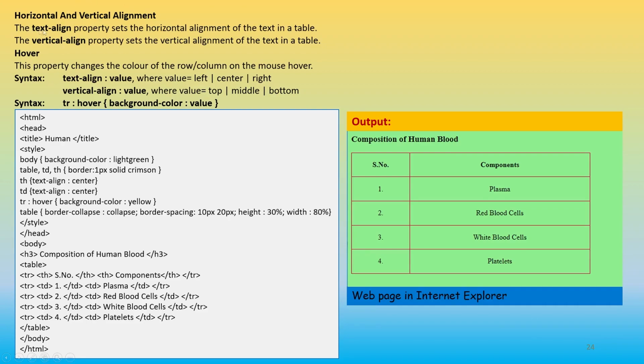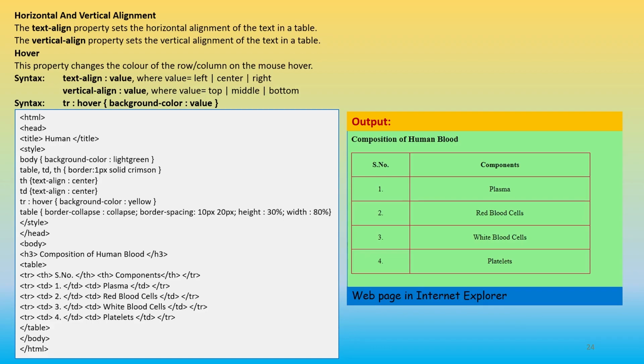Text means the data items, and the vertical alignment property sets the vertical alignment of the text in a table. And there is one more property called hover. This is not related to alignment.